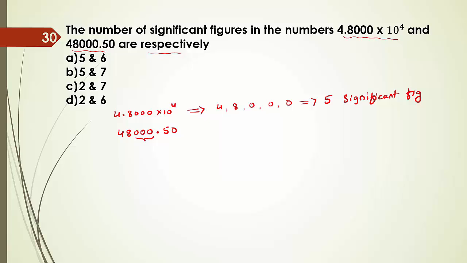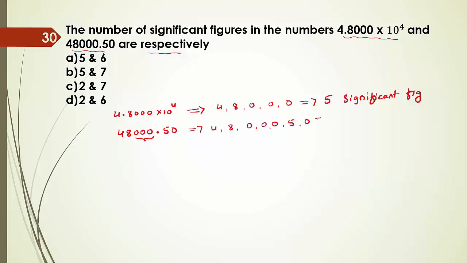Because these zeros are between the non-zero numbers 48 and 50. Between non-zero numbers, if zeros are present, then we can consider them. So we can write 4, 8, 0, 0, 0, 5, 0.